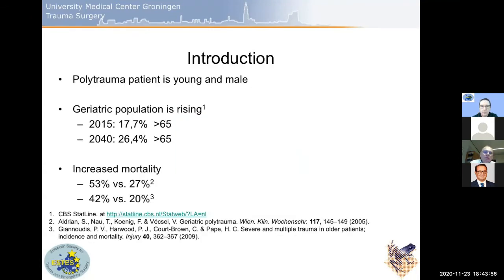What do we know? The geriatric population is still rising. In 2014, about 25 to 26% of the people were older than 65, and we know that mortality will increase too in this group of polytrauma patients if they are injured.